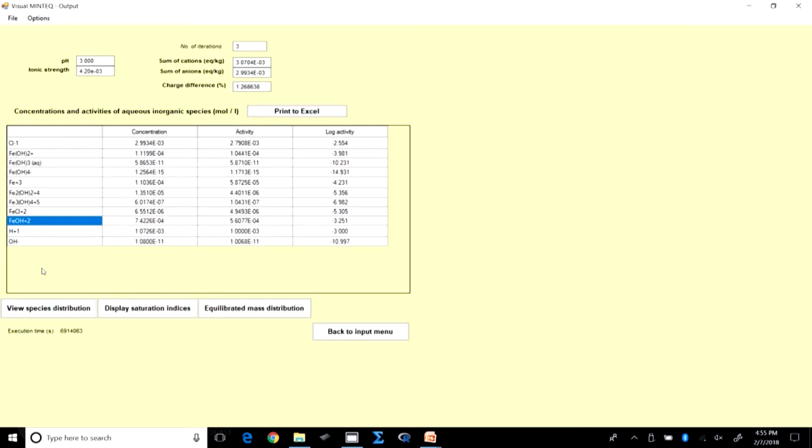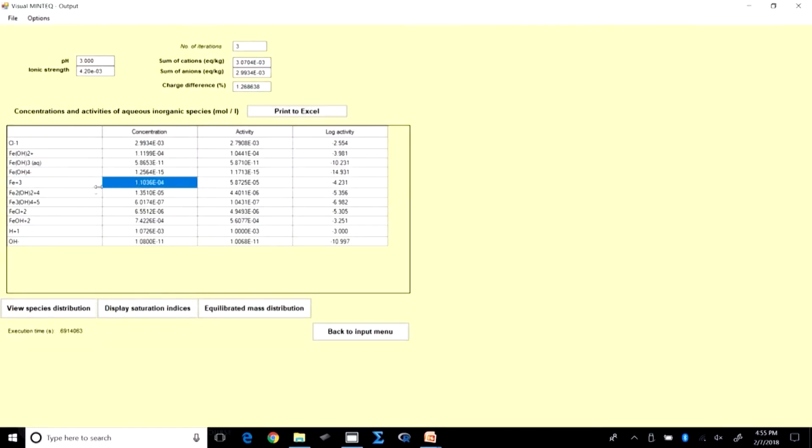So even at low pH, if you look at that, the free metal concentration is considerably affected, and some of the complexes like Fe2(OH)2 4+ charge are as high in concentration as Fe3+, and also look at FeOH with 2+ charge.